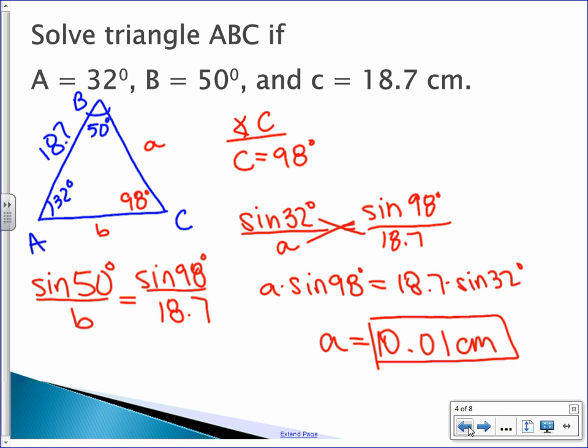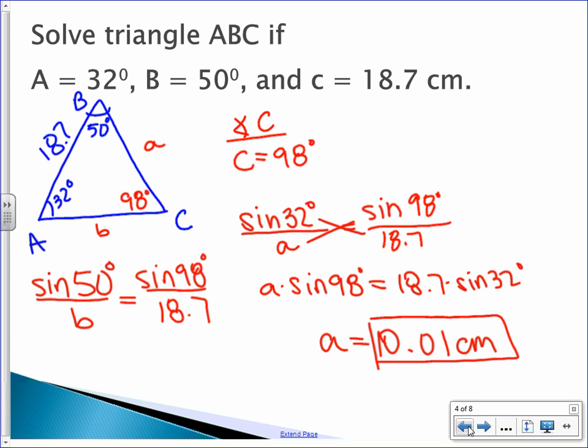Now, look at my picture up here. What do you think the relationship is between this angle in this solution and the same angle in this solution? Yes, this angle in this triangle and this angle in this second triangle are going to be supplementary.